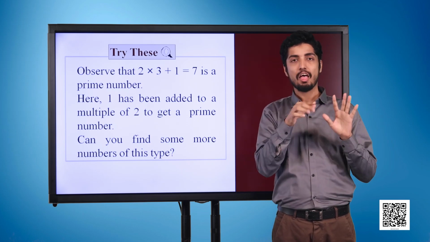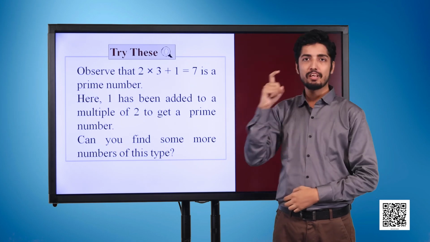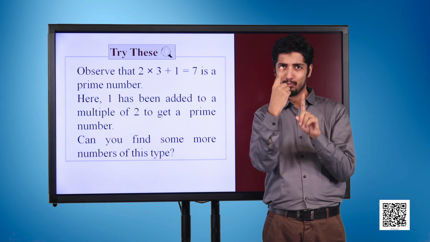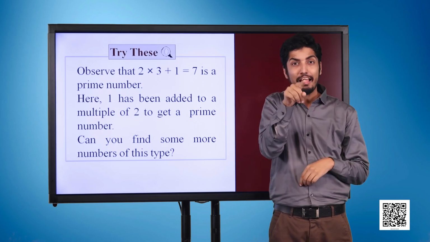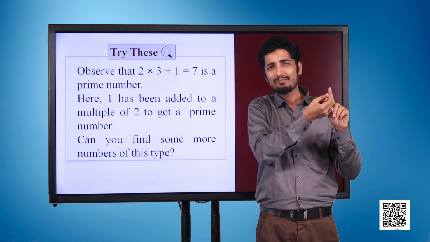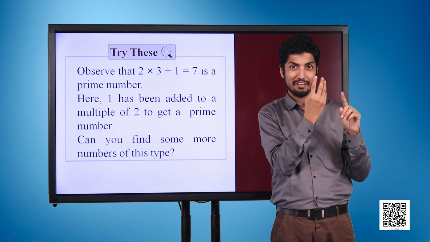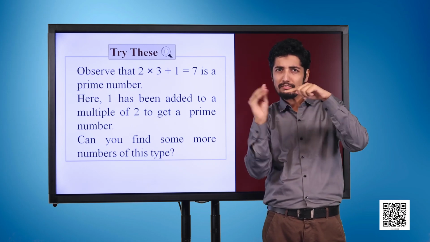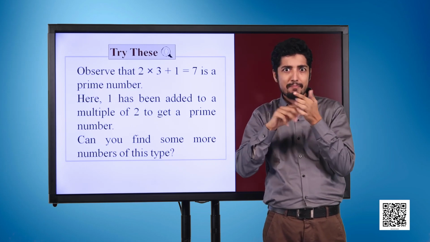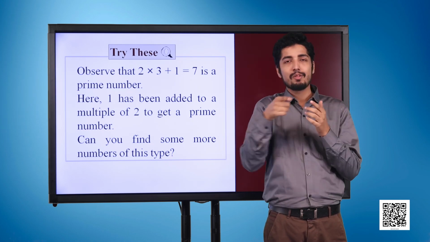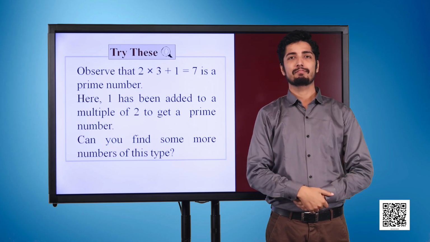Here, 1 has been added to a multiple of 2 to get a prime number. Can you find some more numbers of this type?